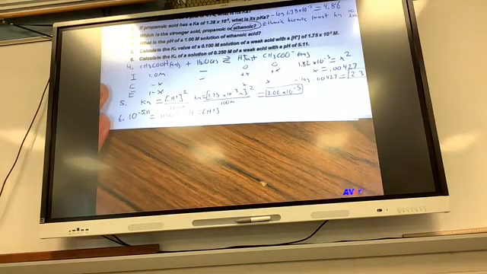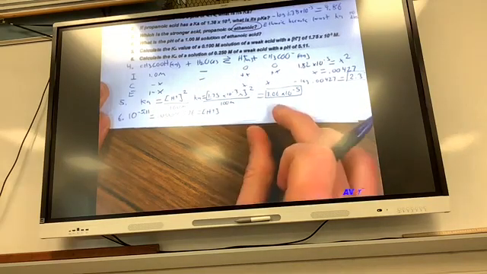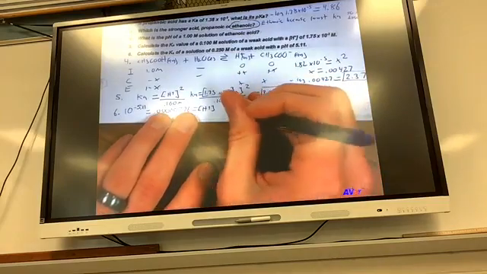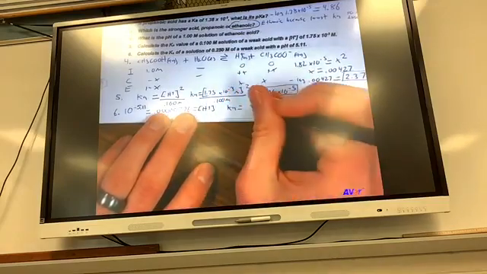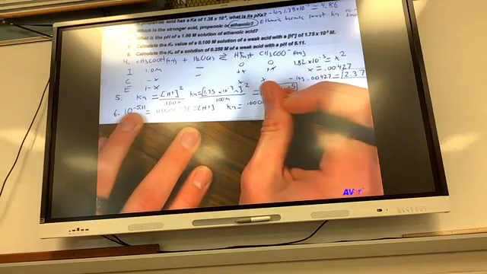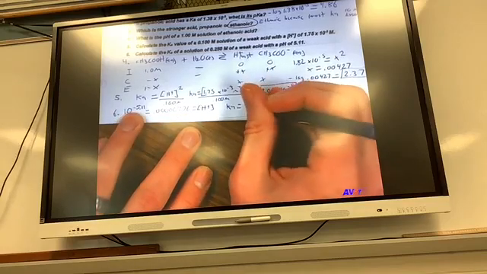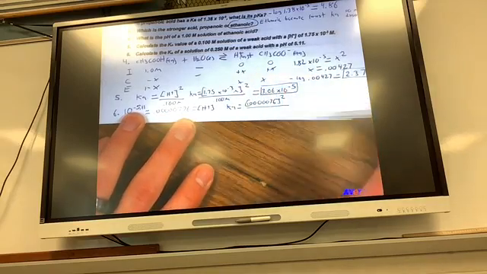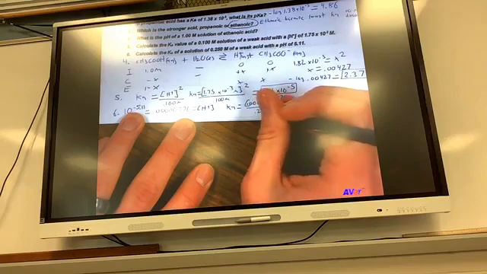The concentration of H plus, also X, right? So now I know that Ka is going to equal 0.000076, that number squared over 0.250 molar.